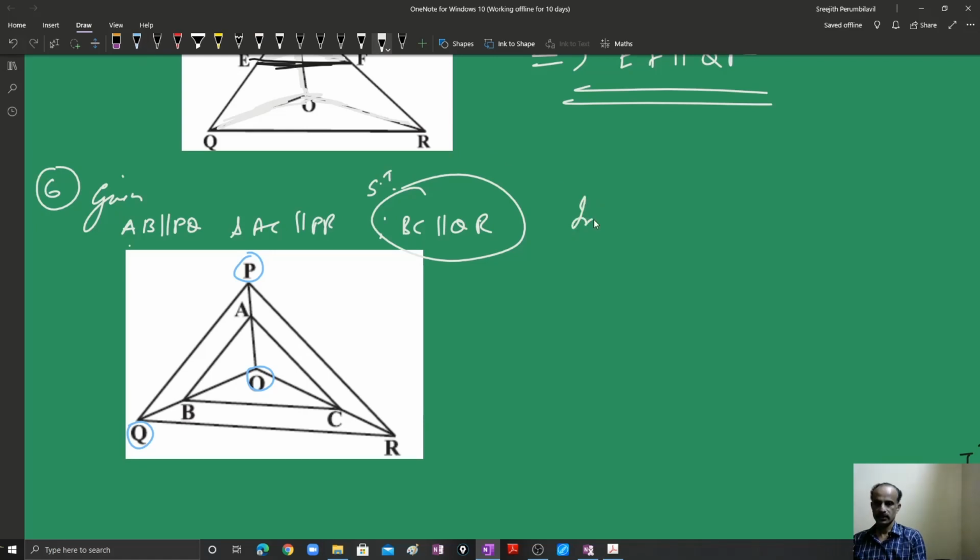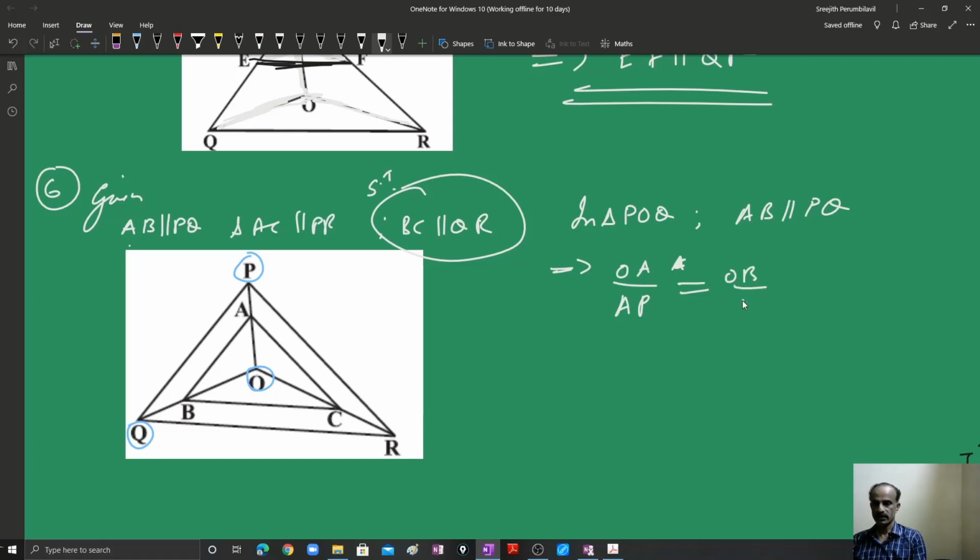In triangle POQ, it is given that AB is parallel to PQ. Therefore, this implies what? OA by AP is equal to OA by AP is equal to what?